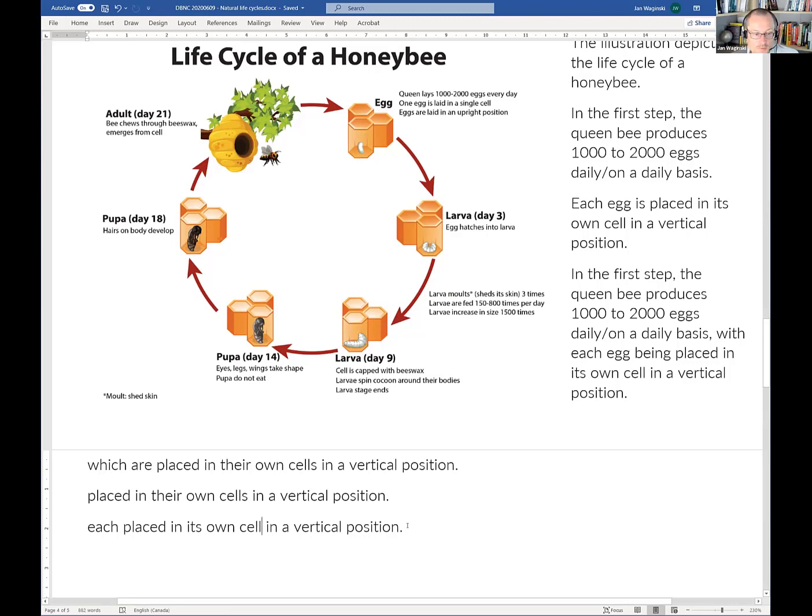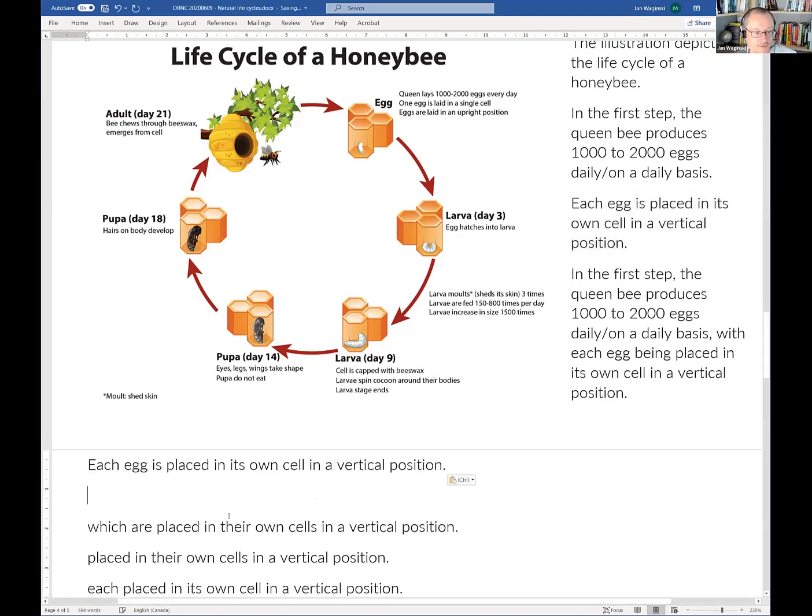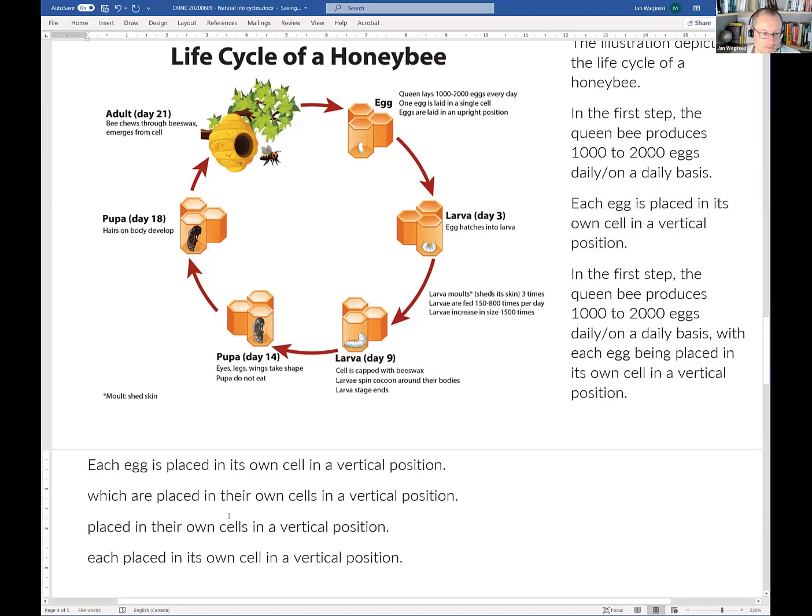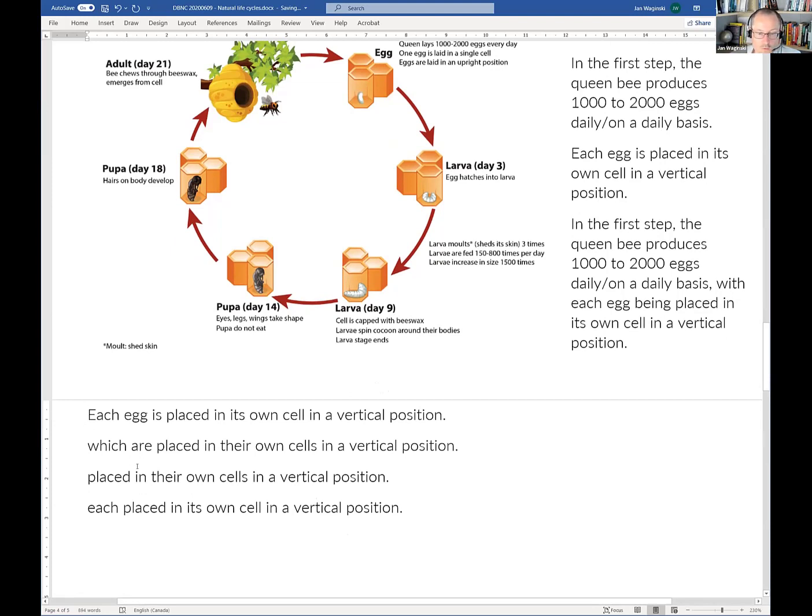Yeah, you could just put a comma. So this would be the simplest way to do it. I'm just putting these in order of complexity. Then comma, and then each egg is placed in its own cell in a vertical position. Yes, you can do that.